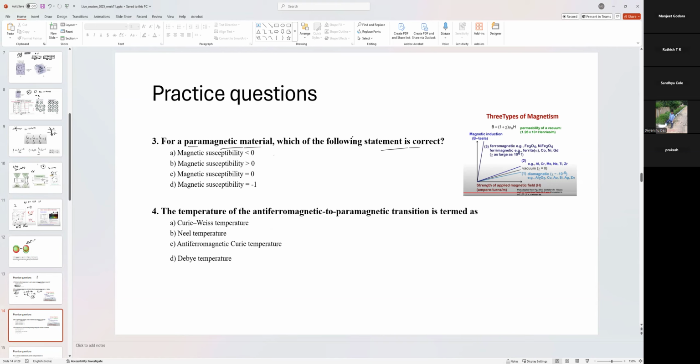Here, the magnetic susceptibility for paramagnetic material is greater than 0. Zero is for vacuum, less than zero is for diamagnetic, and this one is nothing.